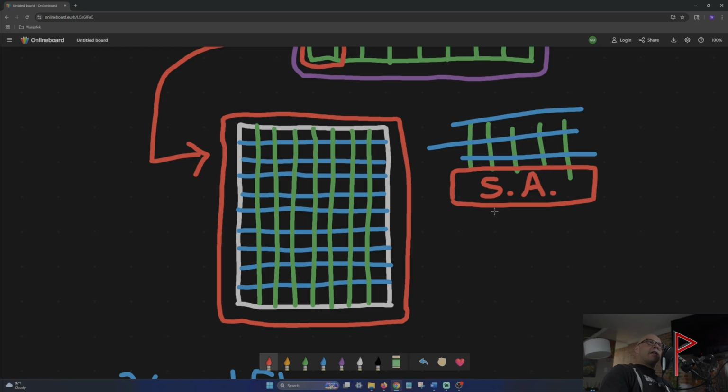And what I haven't gotten into is where the sense amplifier feeds into this column multiplexer. And the column multiplexer enables the extraction of data from this grid of memory cells.